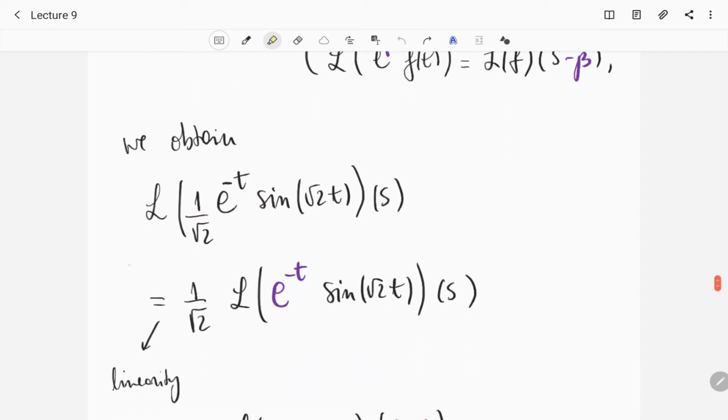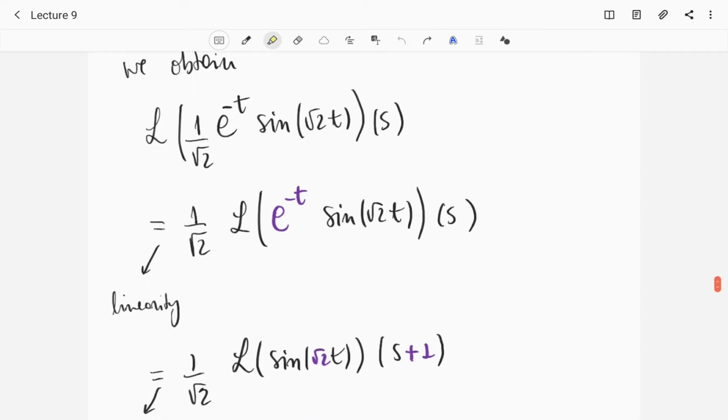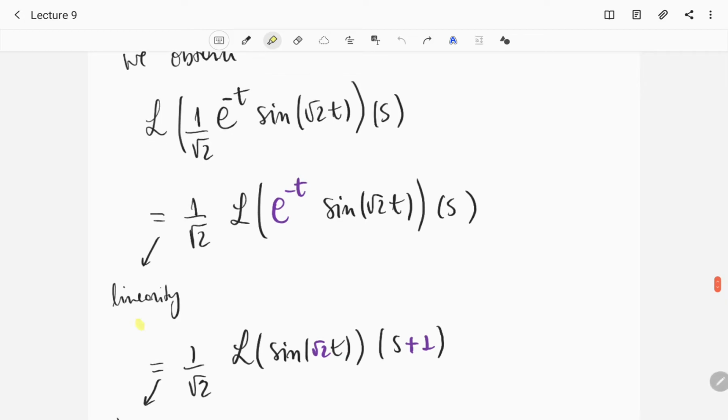So if we compute the Laplace transform of 1 over square root of 2 exponential to the power minus t sine of square root of 2t at s, because of the linearity, we can take out this number, and then we have this expression.